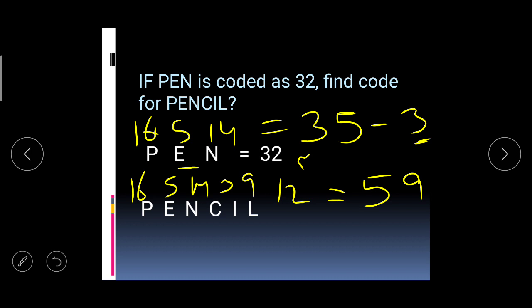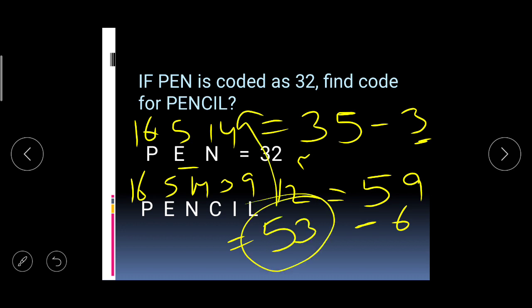So you also have to do lots of practice. Okay, so this is 59. Now what is the next step? I need to subtract some number, which is the number of letters in the word. There are 6 letters in the word. So my answer is 53. So this is my code for pencil, right?